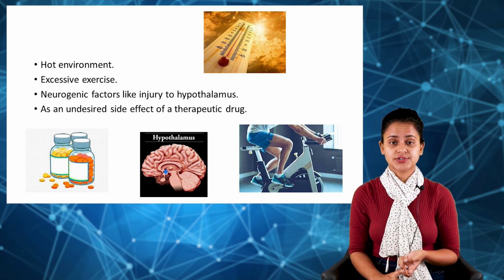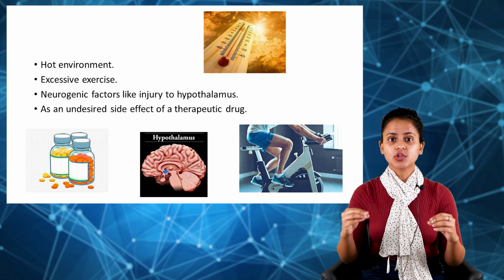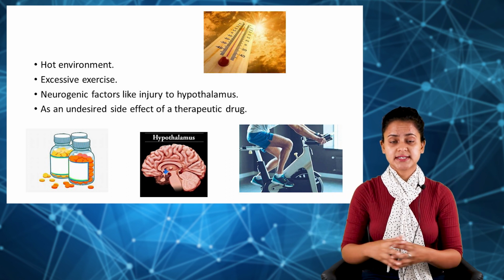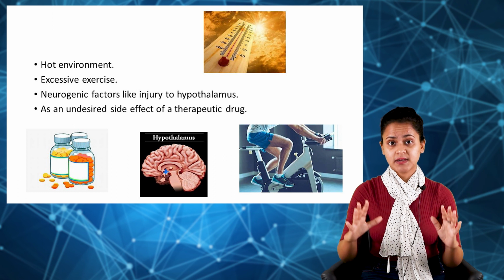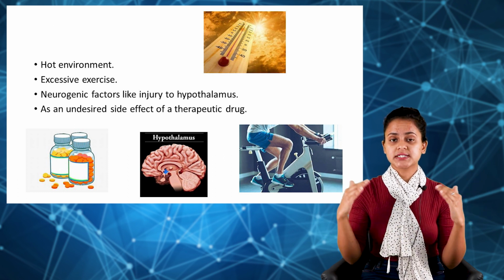The next factor is excessive or intense exercise. Here also we are going to see that if a person is continuously doing intense exercise, they are more likely to develop hyperthermia, or what we call increased body temperature.